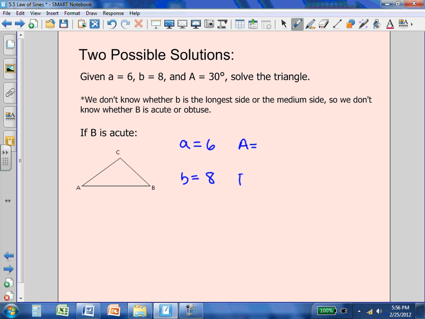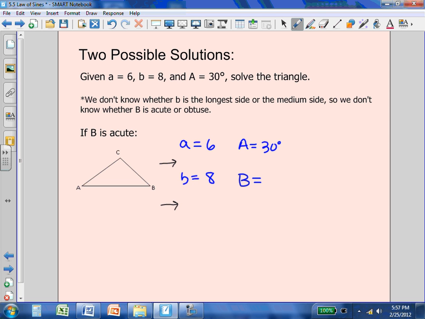Therefore, angle B will be bigger than angle A, which is at 30 degrees. Now, here's my question. Is B the longest side? Well, it's certainly not the shortest side, but does angle C fit in here, or does C fit in here?